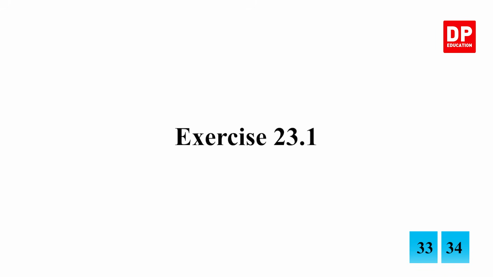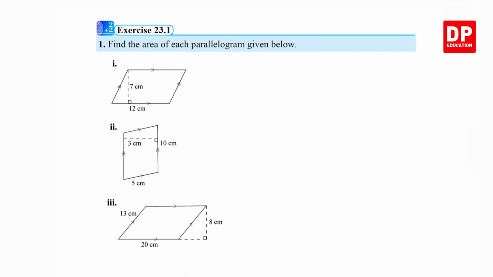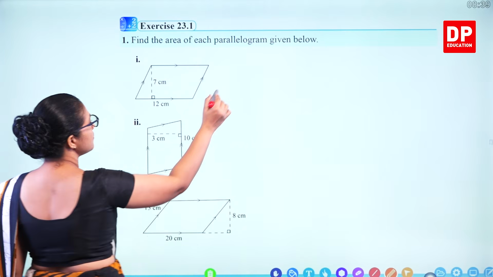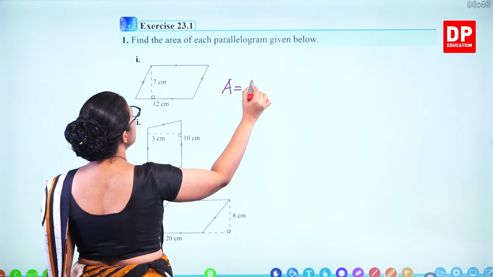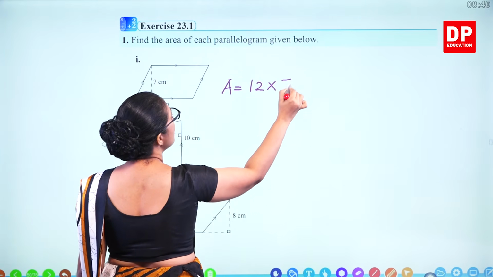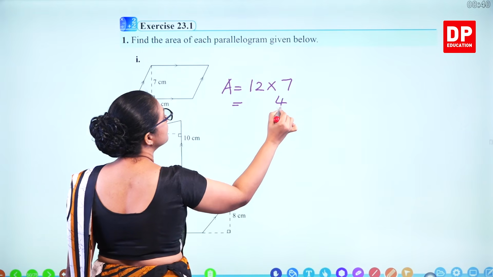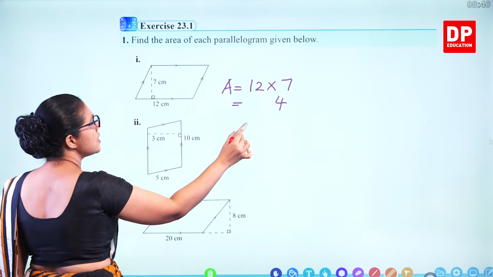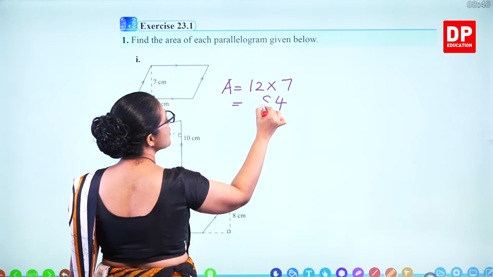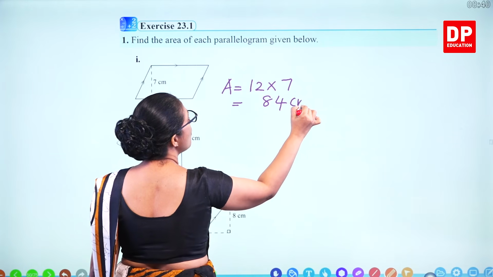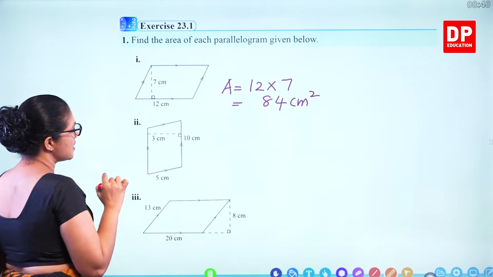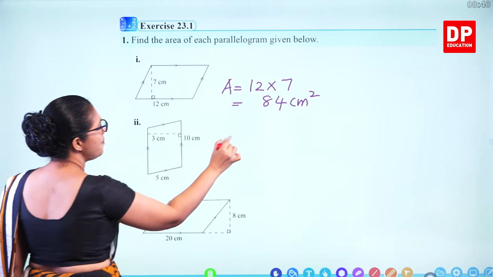Exercise 23.1. Find the area of each parallelogram given below. Area is base into perpendicular height. 7 times 2, 14. 7 times 1, 7. 7 plus 1, 8. 84 square centimeters. This is another parallelogram.